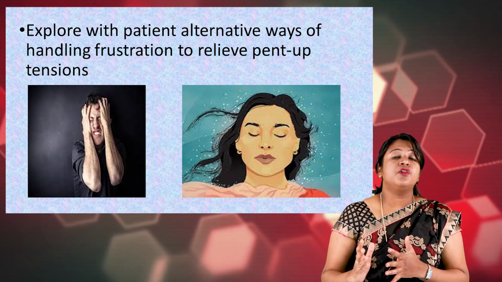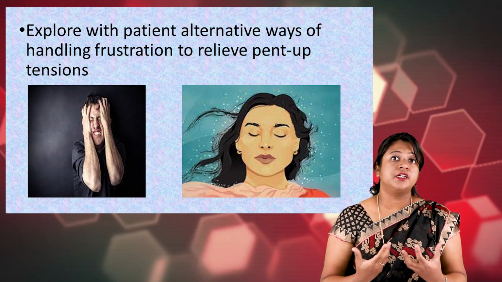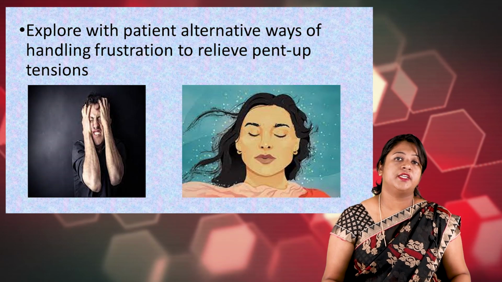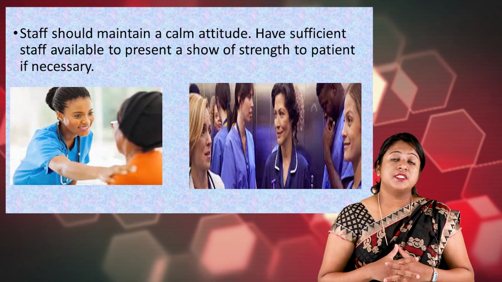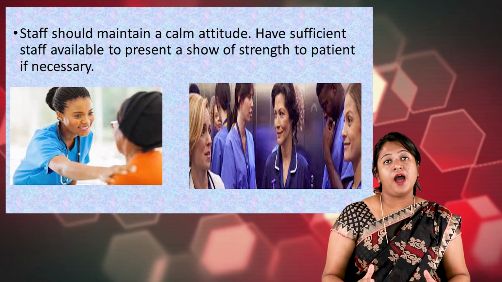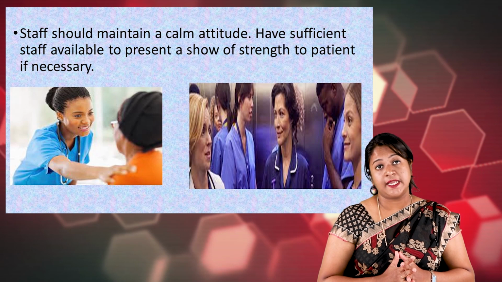That is the kind of alternative option you can give the client when he is under a lot of stress or frustration. Also see to it that the attitude of the staff is very calm when you interact with a patient with antisocial personality disorder.